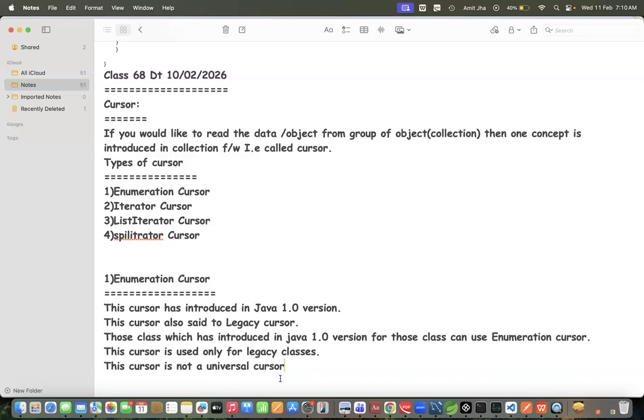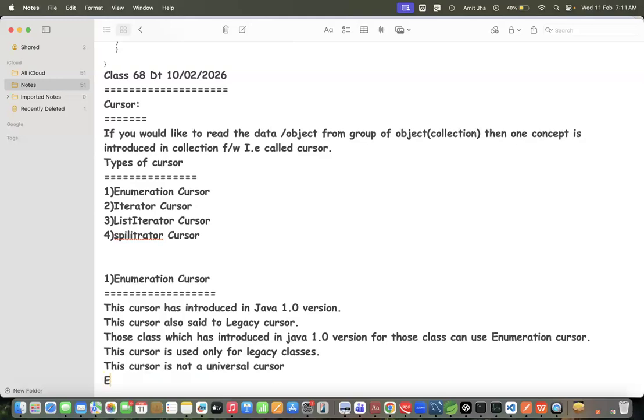To get the Enumeration object, we can use the elements method. I will show this in the example. Enumeration contains two methods: one is hasMoreElements and the other is nextElement.